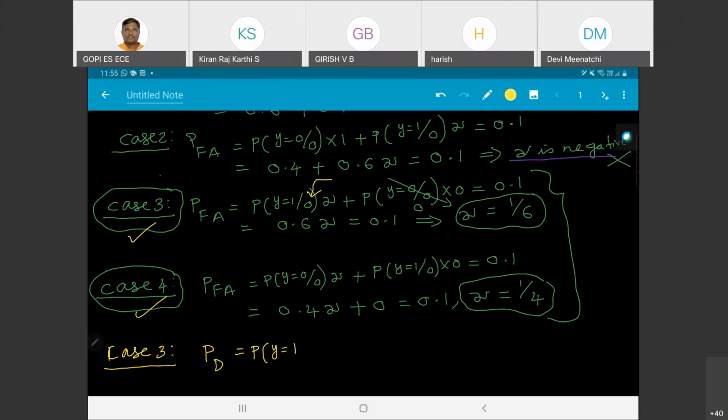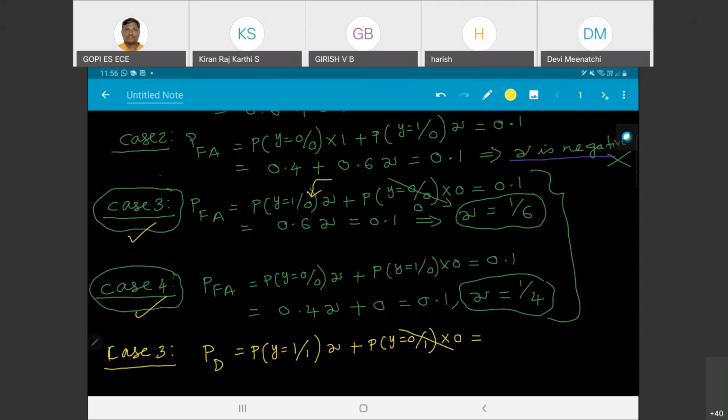So what is the expression for the probability of detection? Probability of y equal to 1 when 1 is transmitted, that is the change here, and probability of y equal to 0 when 1 is transmitted, times 0 here.